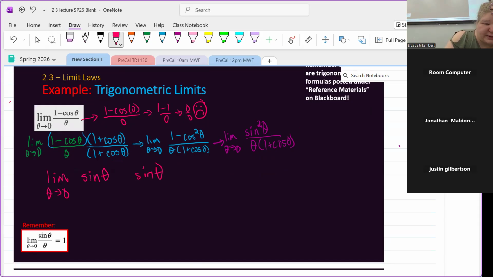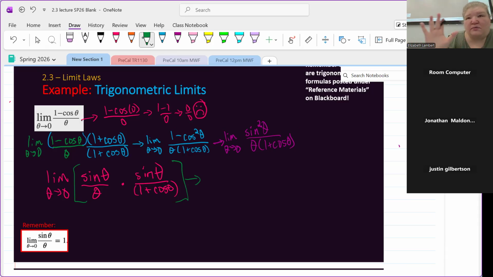And I'm actually going to split the bottom, like I'm going to split this into the product of two fractions. So right now I still have one limit of this giant product.